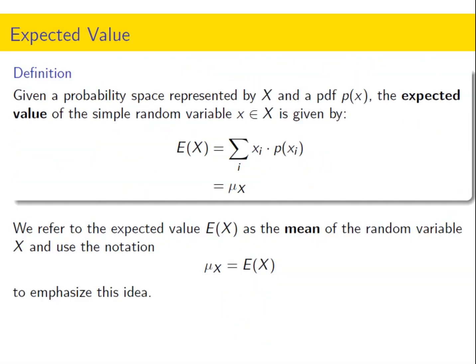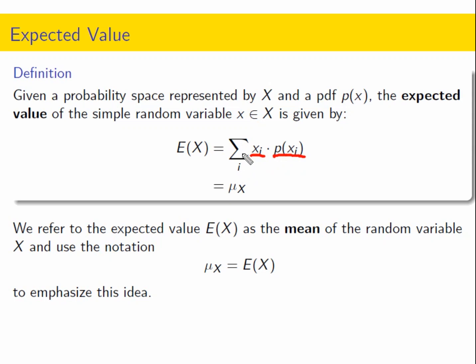And here are the formulas. The expected value is just going to be the sum of products. Products of what? I'm going to take each numeric outcome times its probability, and then I sum them all up. I didn't write i equals 1 to n because this isn't necessarily finite.